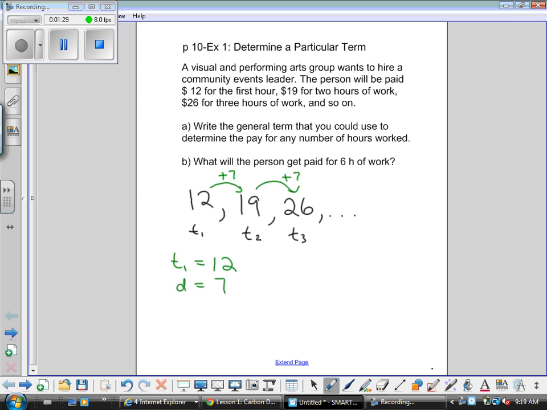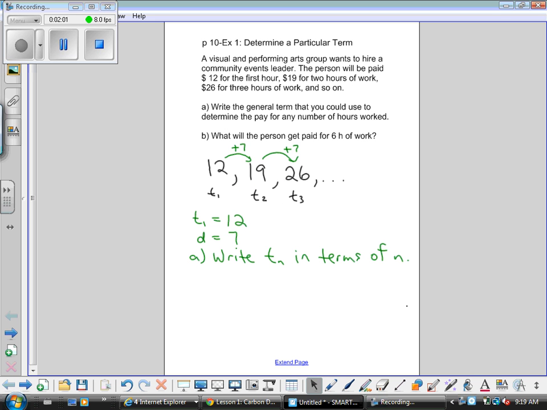And when we do question A, we're looking for a general term that you could use to determine the pay for any number of hours worked. So we want to keep n as a variable. For A, we want to write t sub n in terms of n, meaning that we're not going to expect a number as an answer, we're going to express an expression with an n in it.